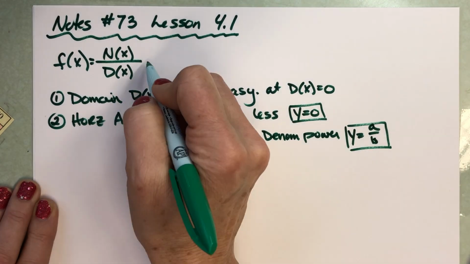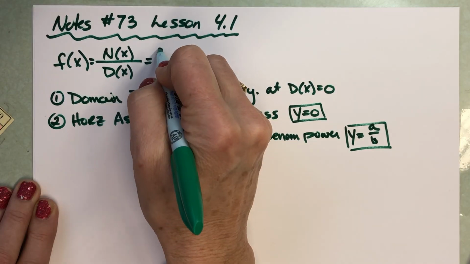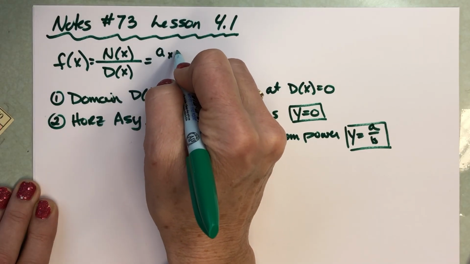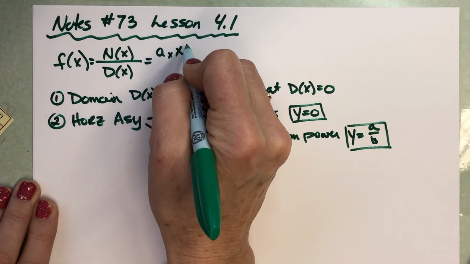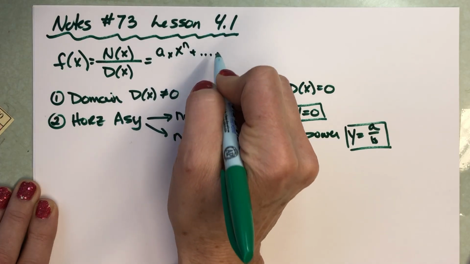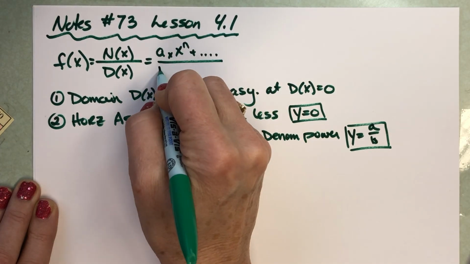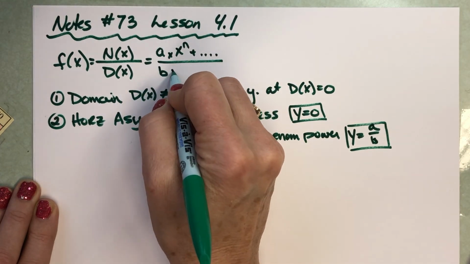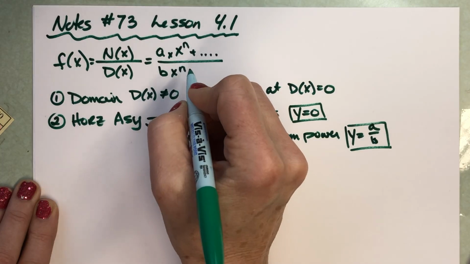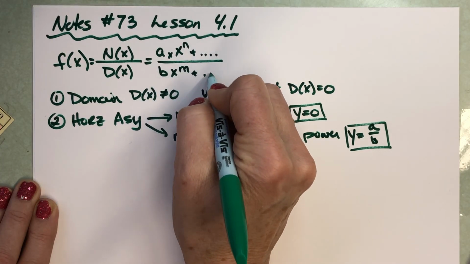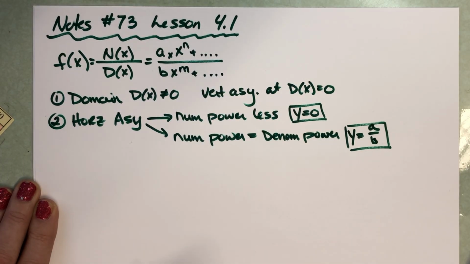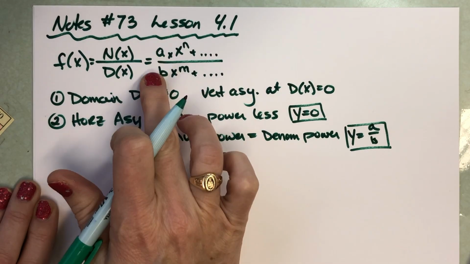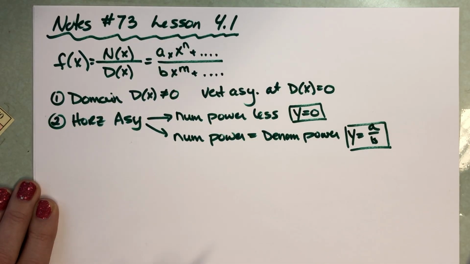So if I go back and think about this as a x to the n plus blah, blah, blah, and this would be b x to the, let's call it m, plus blah, blah, blah. Okay, so we could think about a and b as our leading coefficients there.